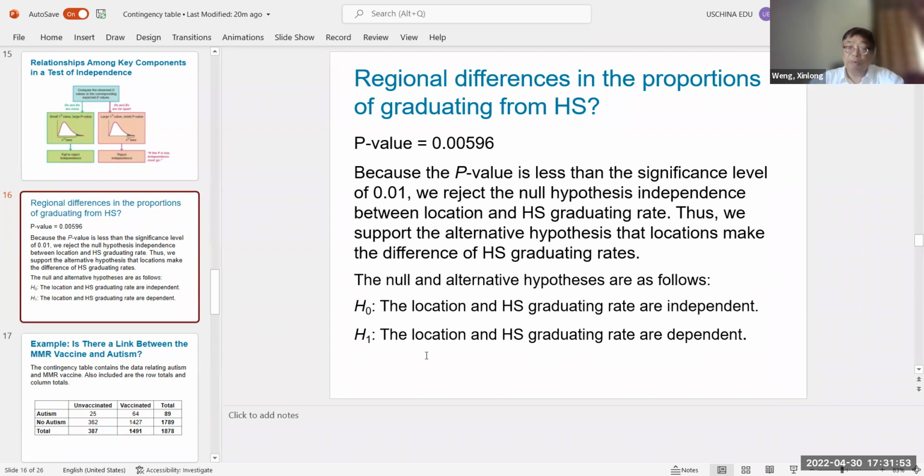All right, so now we can conclude: high school graduation rate is really related to the location where you live, Northeast or West region.